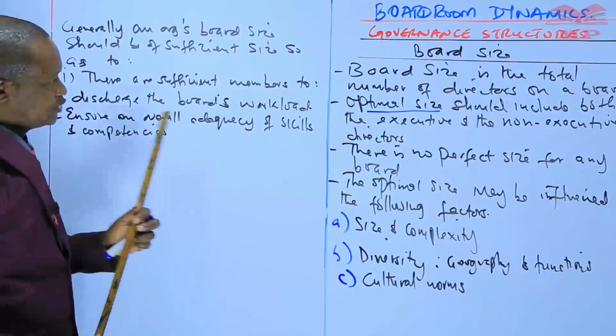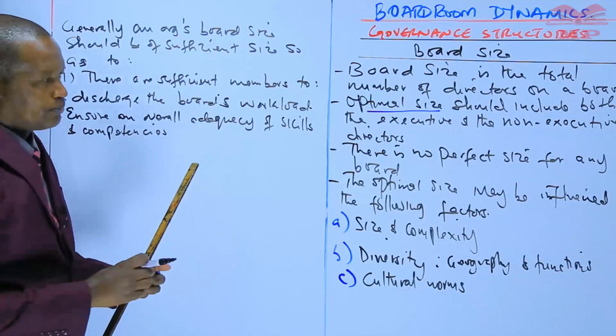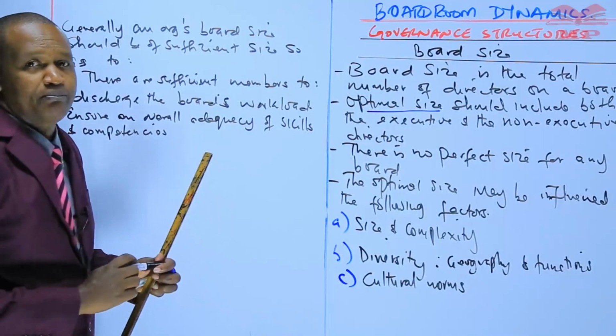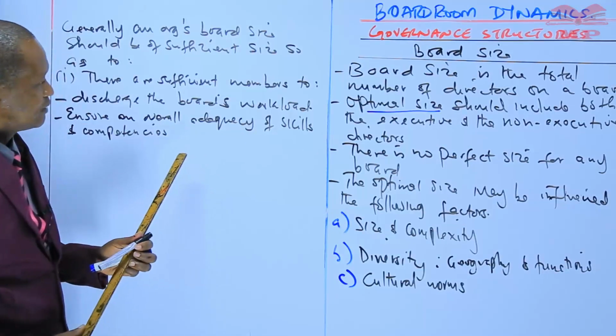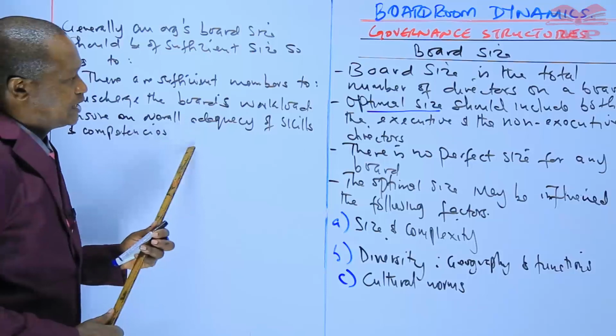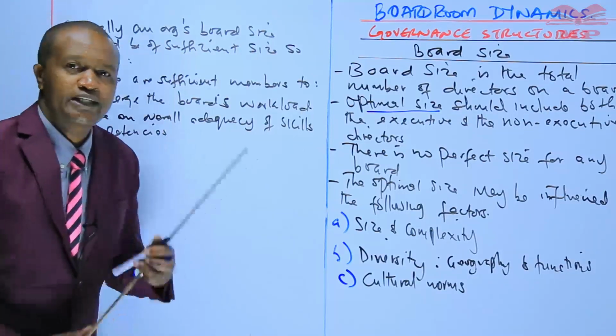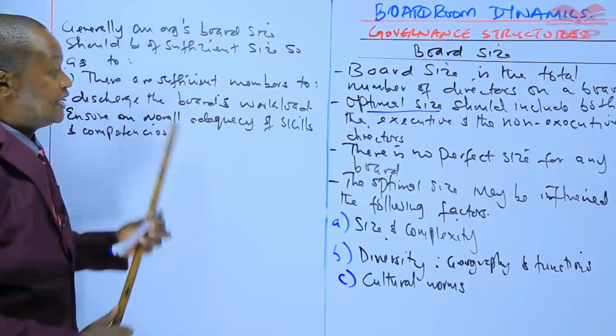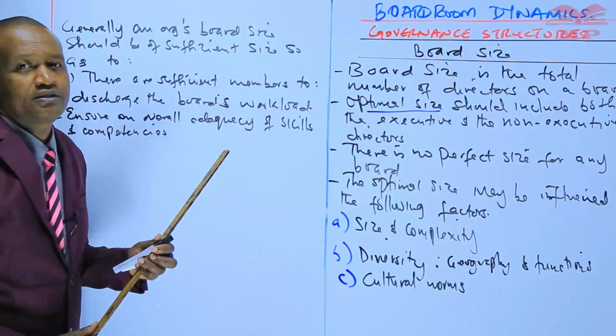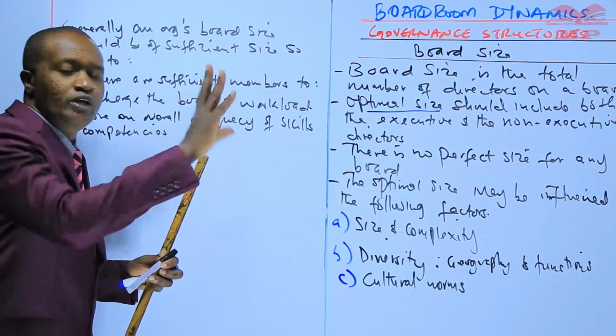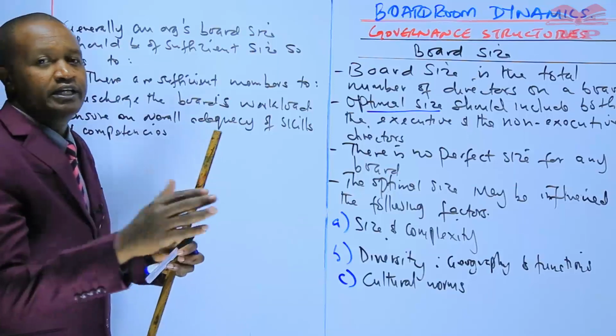We shall learn later on that for a board to effectively carry out its mandate or functions, a board should comprise members who possess certain competencies and skills, which include knowledge, mindset, and competencies.